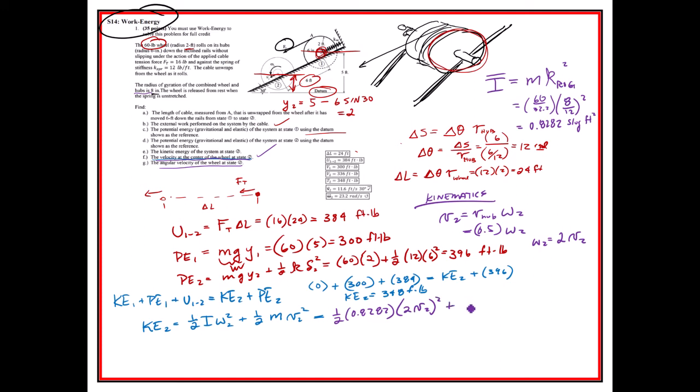And then plus 1/2 times 60 divided by 32.2 times the velocity 2 squared. So this whole thing can be set equal to our 348 that we just found up above.